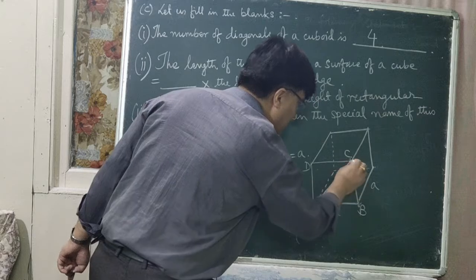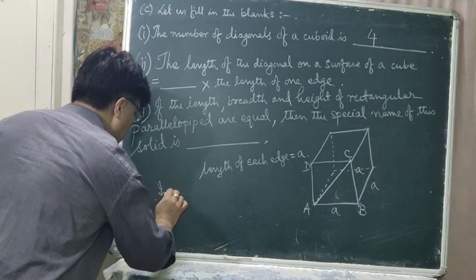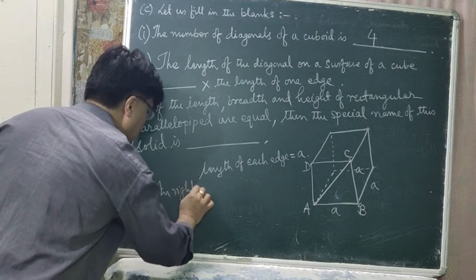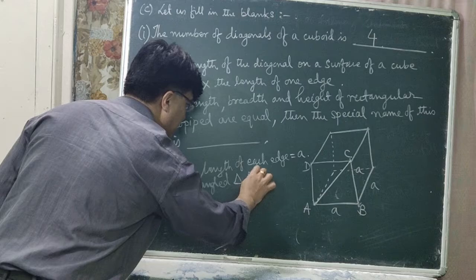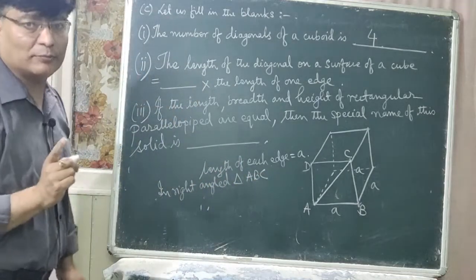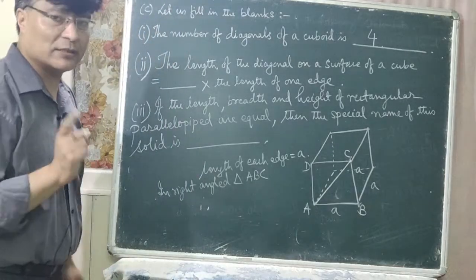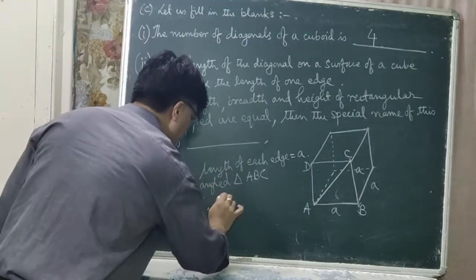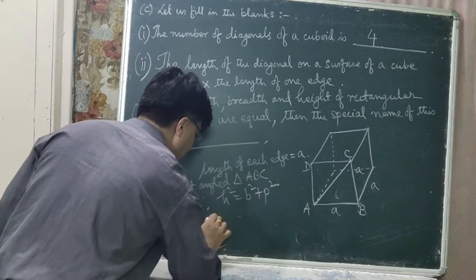Let us take this AB is equal to a and BC is equal to a, so this is a right angle triangle. So in right angled triangle ABC, right, so here you know Pythagoras theorem, we have proved this theorem in geometry, I think you know it, isn't it? That is your h square is equal to b square plus p square.